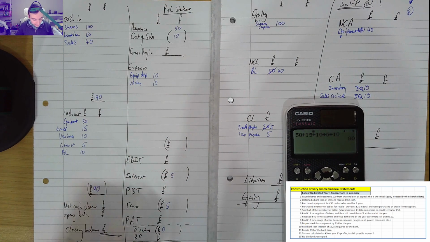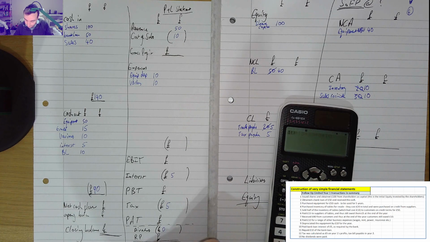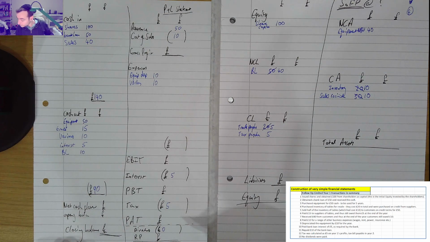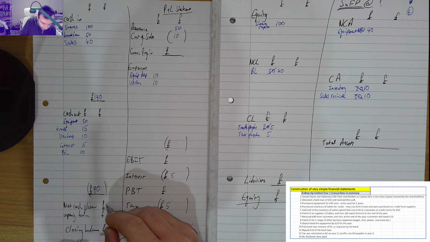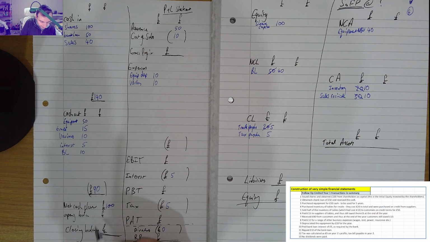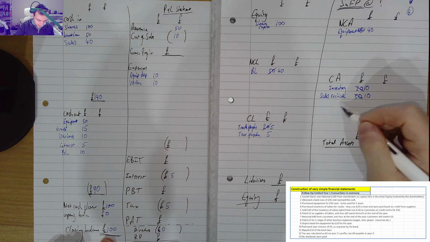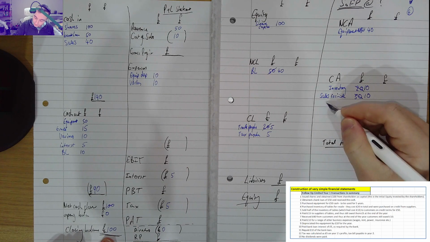So 190 minus 90 is 100, obviously. Net cash flow, our opening balance was 0 because this is the first year. So net cash flow plus opening balance gives you a £100 closing balance. That £100 closing balance can go into our current assets as cash.